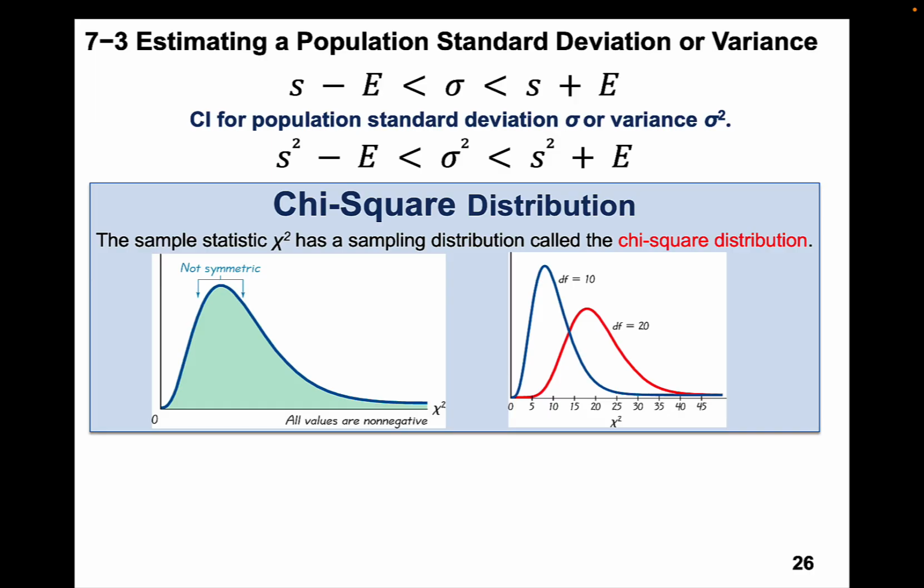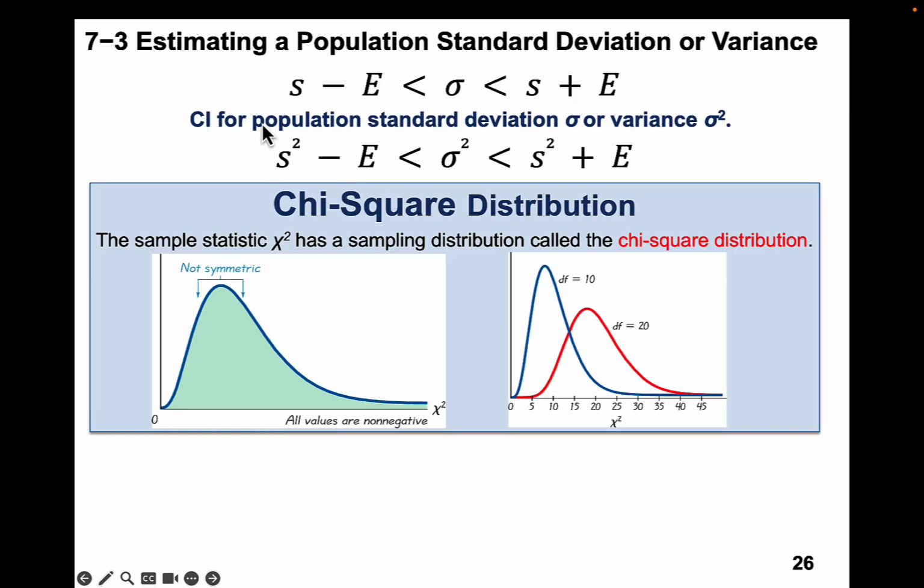Section 7.3 is on estimating a population standard deviation or variance. And we can see those confidence intervals written as inequalities. Notice that we are using lowercase s and sigma. Lowercase s is for the sample standard deviation and sigma is for the population standard deviation.